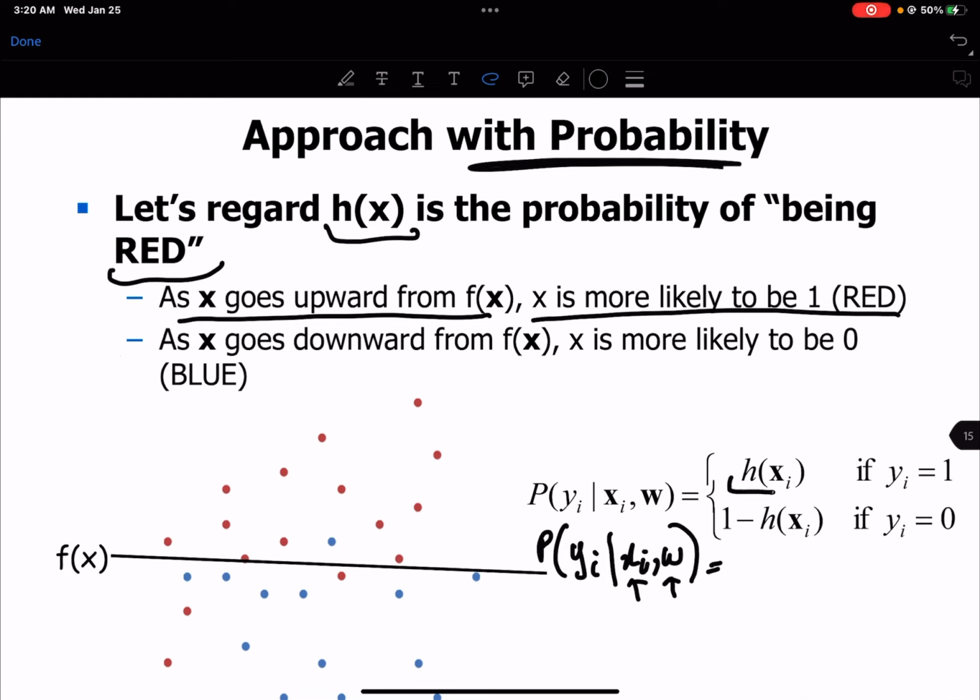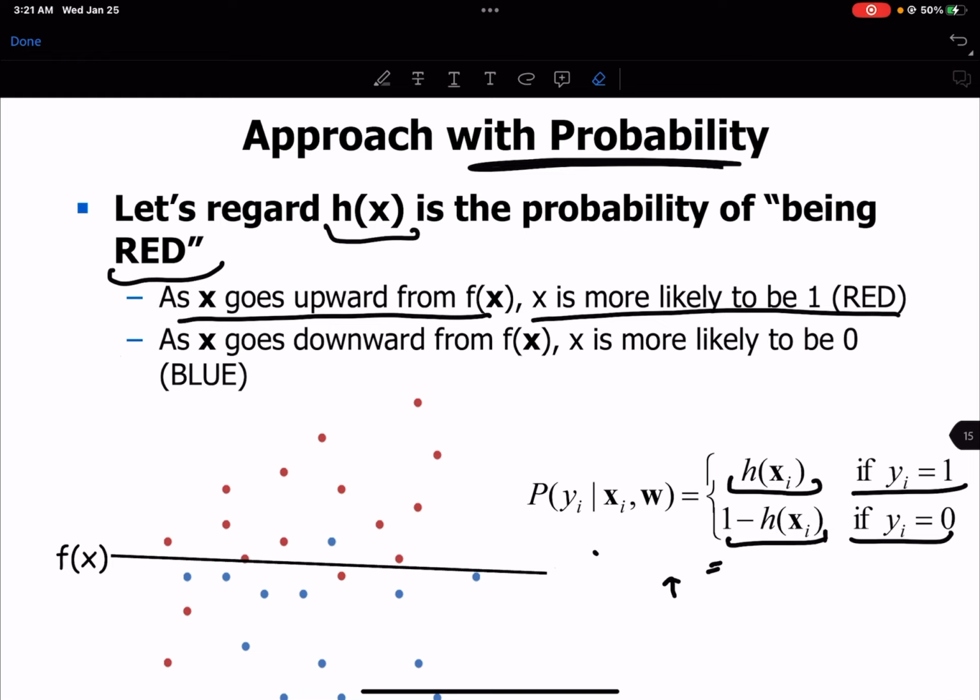The function is h of xi if yi is 1, and your function is 1 minus h of xi if yi is 0. So either one of them will be working, either y1 or y0.